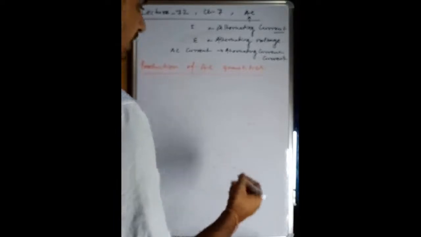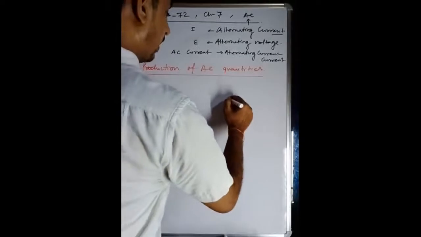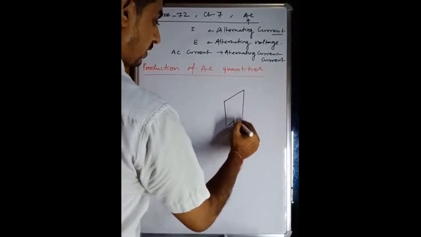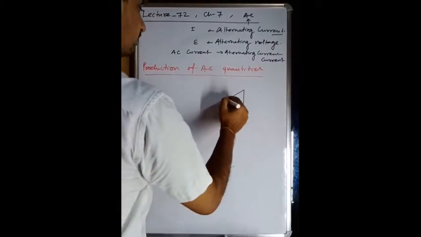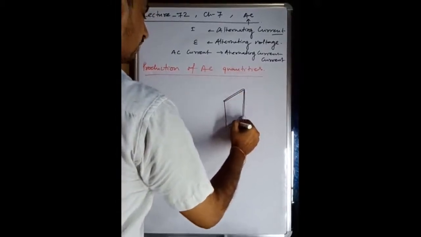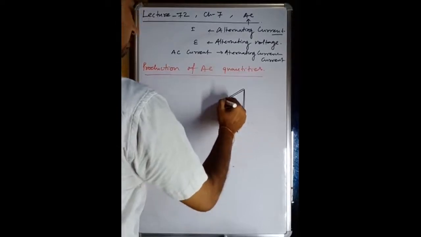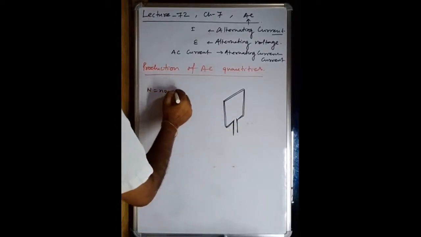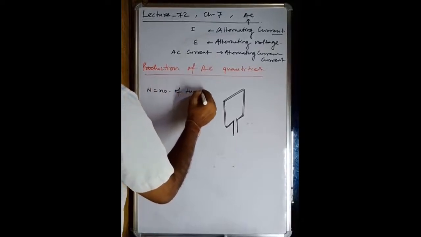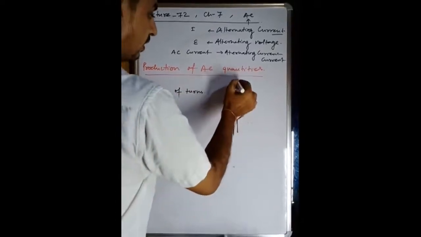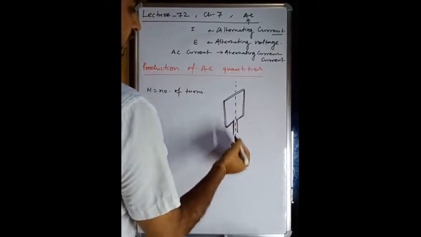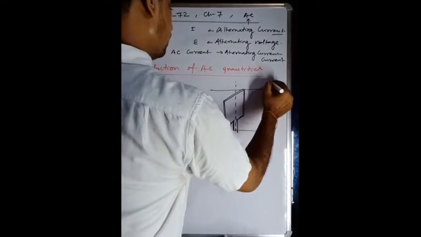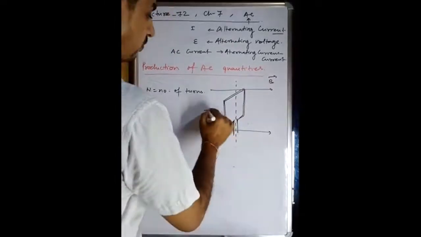Suppose we have a coil having n number of turns. You can write, okay, this is the axis of the coil, but it is placed in a uniform magnetic field.